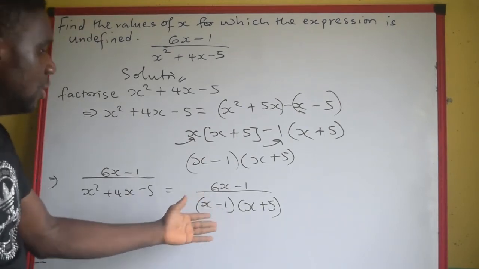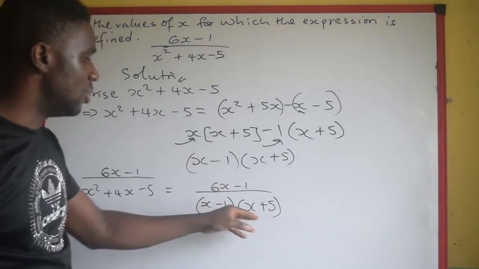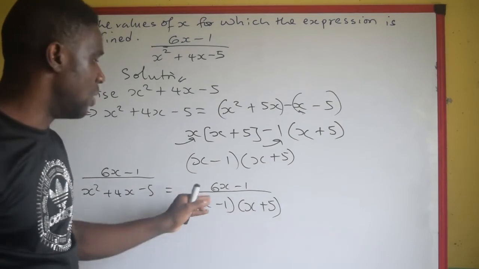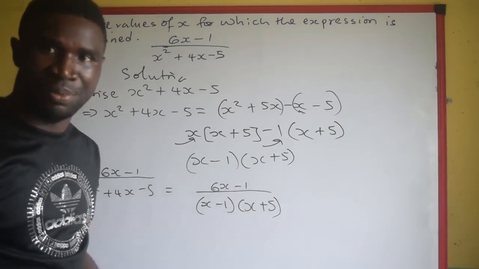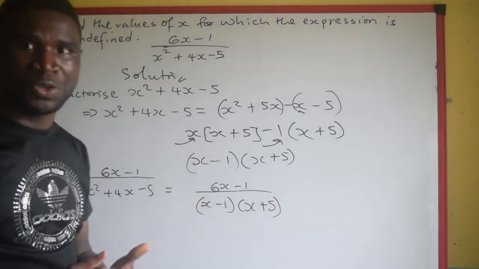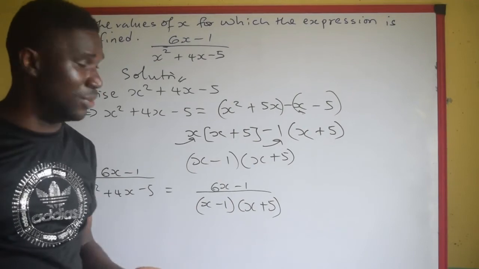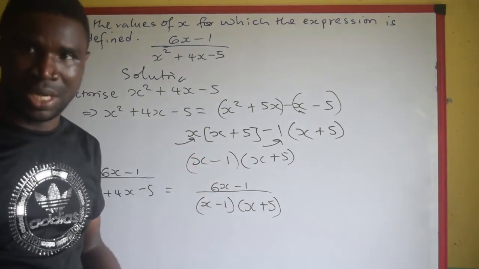When we look at this, we find out that none of these can be cancelled. We have 6x minus 1, and we don't have any occurrence of it at the denominator, so it can't cancel. The previous question that I gave you cancelled, but in this type of question, it did not cancel.